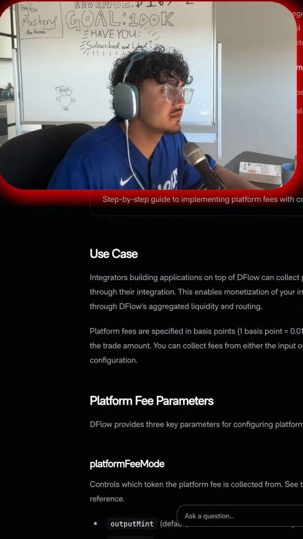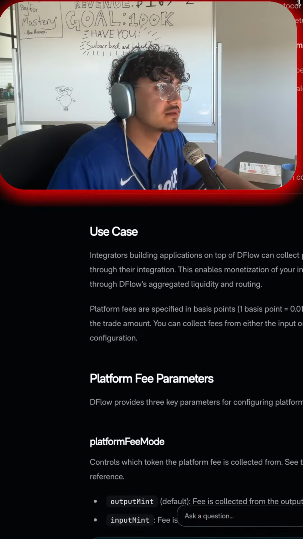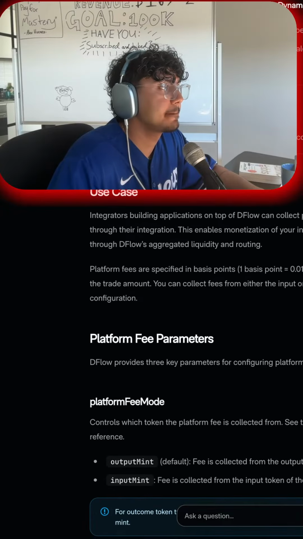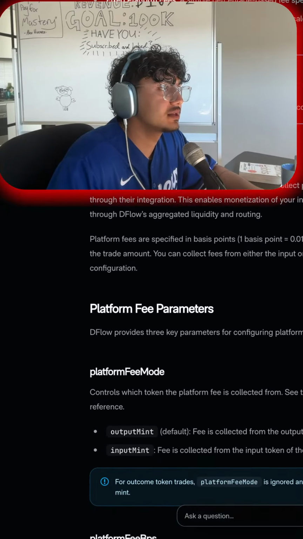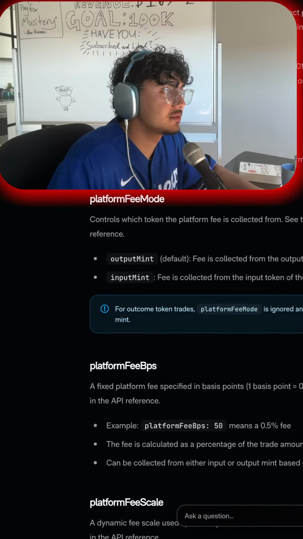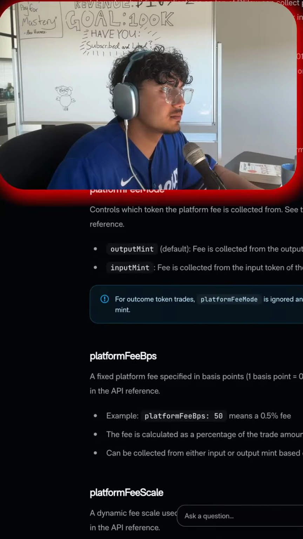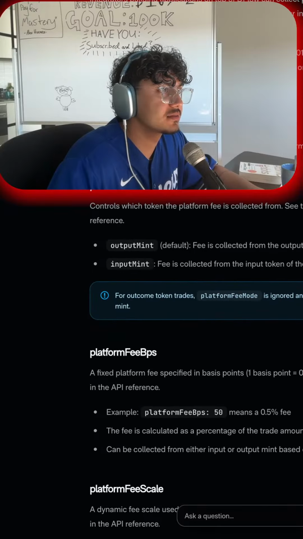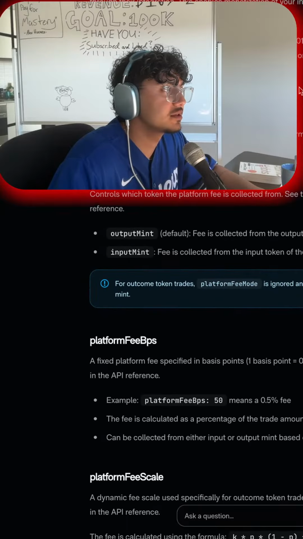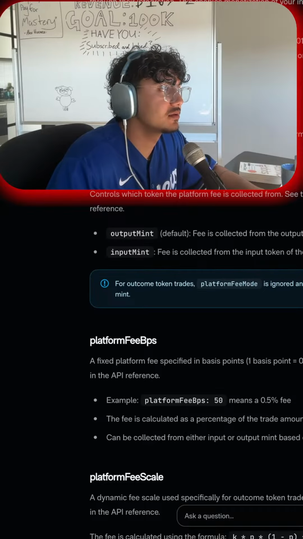Platform fees overview. How integrators can collect platform fees on trading users using DFlow's Trade API. Allow integrators to monetize their DFlow integrations. DFlow supports two types of fees, fixed and dynamic. Use case: integrators building applications on top of DFlow can collect platform fees on every trade executed through their integration.